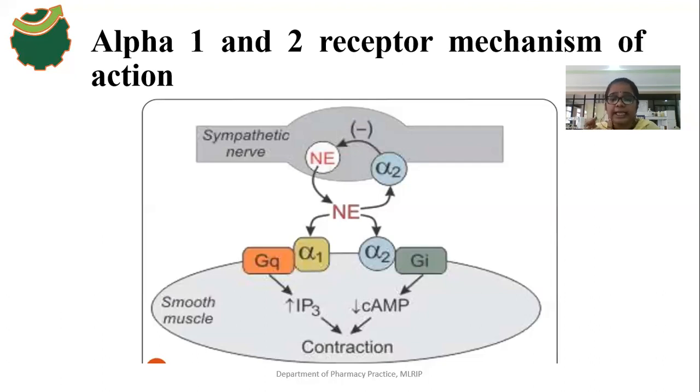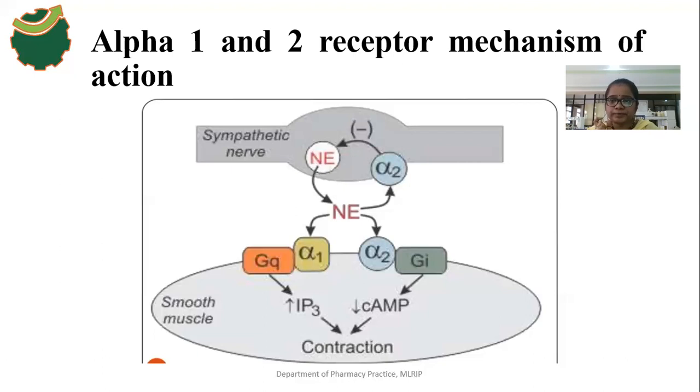But if the cyclic AMP levels are very high in smooth muscles, it shows a relaxant effect. What is the reason? In cardiac muscles, high cyclic AMP shows the excitatory, contraction effect. In smooth muscles, high cyclic AMP produces the relaxant effect. So what is the reason behind this?